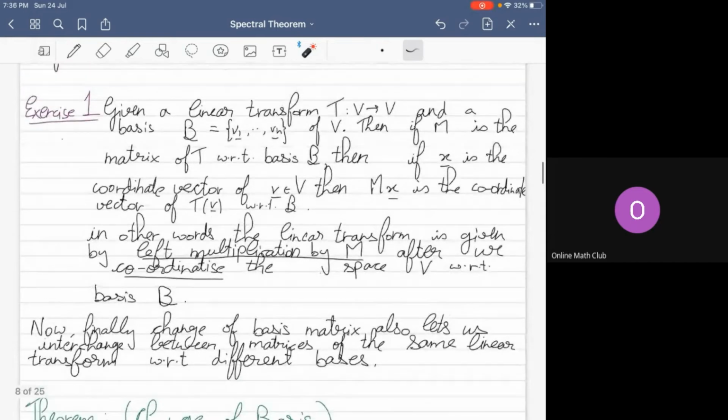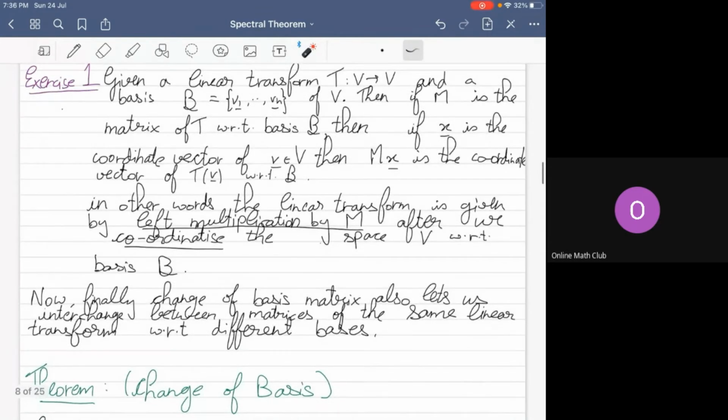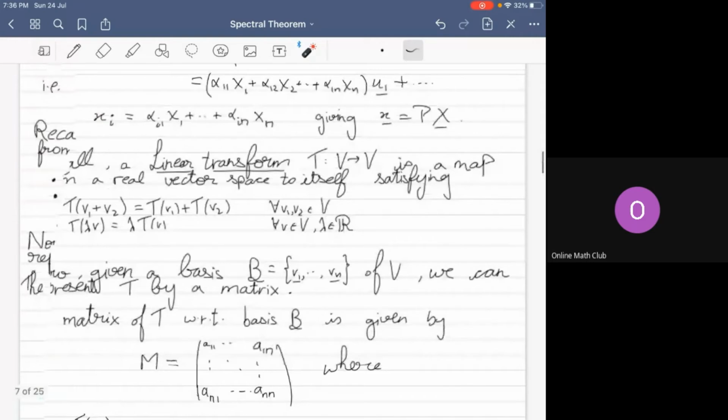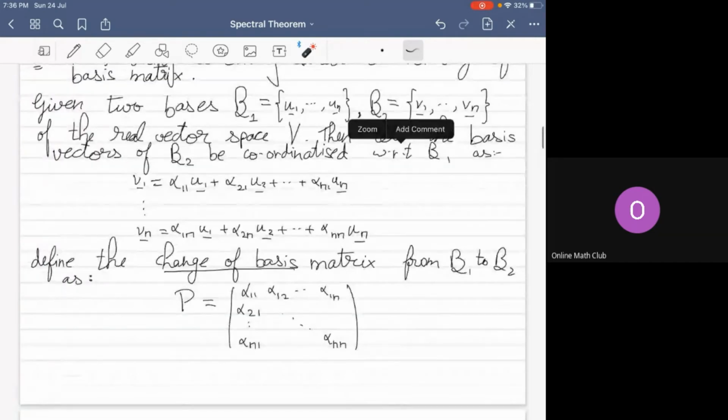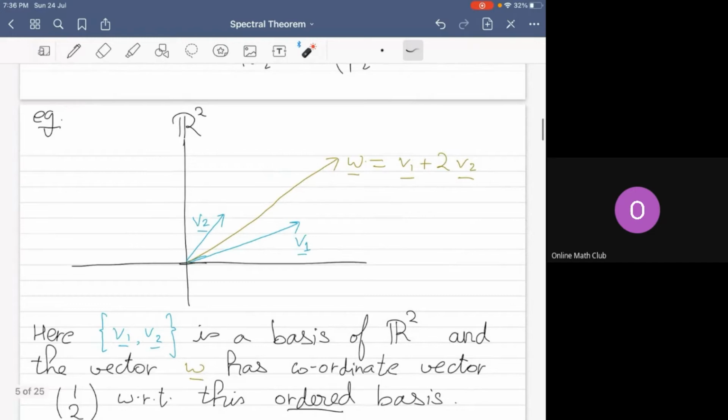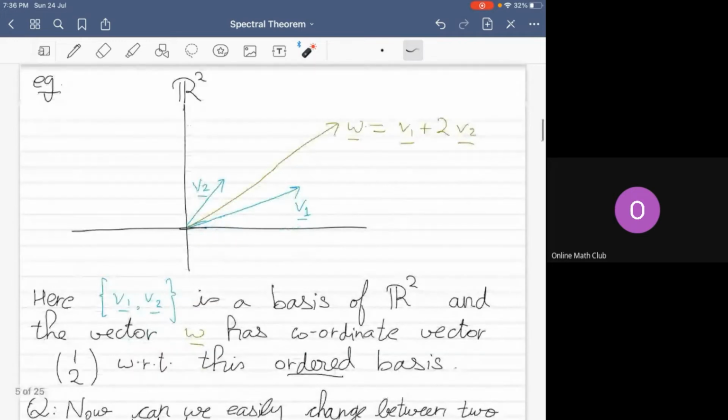Okay, so this is what will be useful: if we coordinatize our space, let's say R square, by choosing a basis, then any linear transform T from R square to R square essentially becomes left multiplication by the matrix of T, which we defined above. And this sends the coordinate vectors.